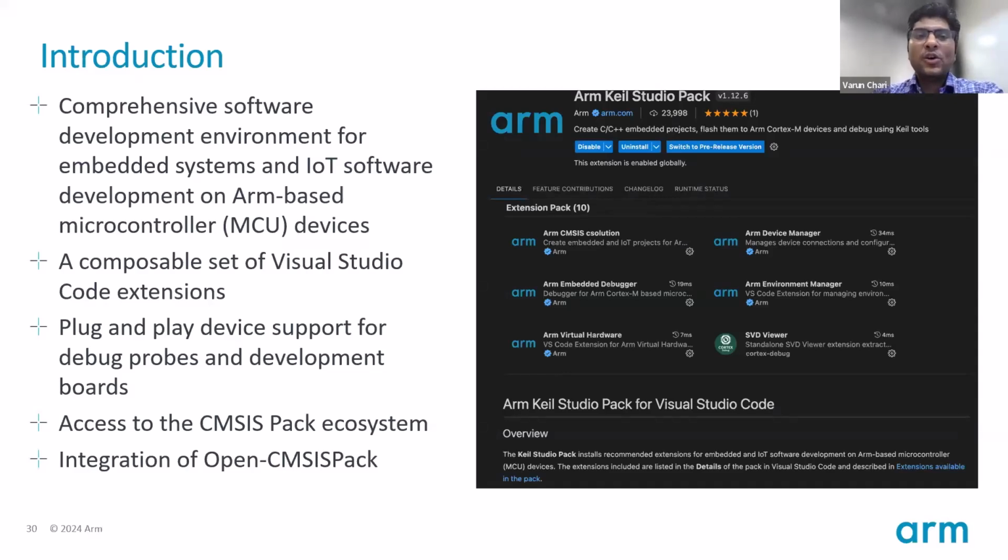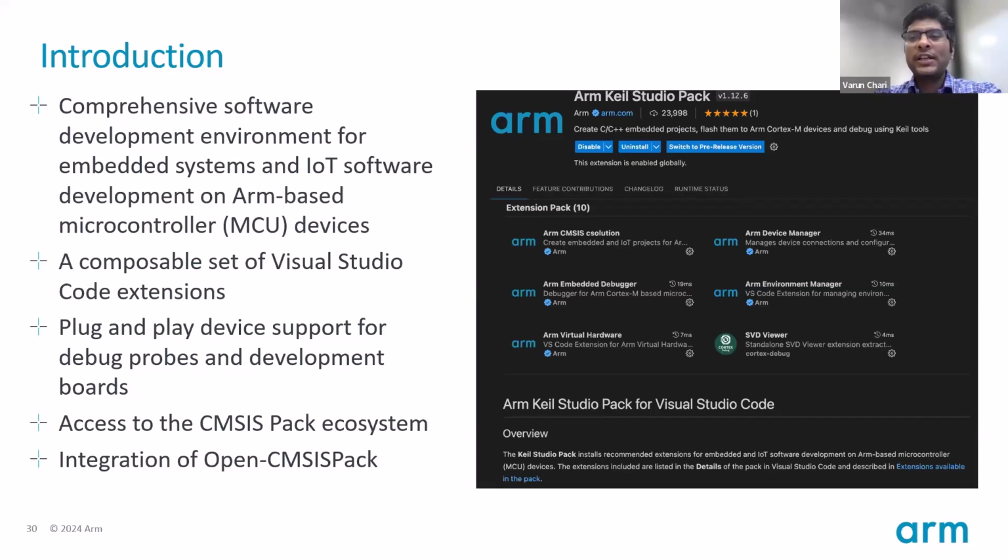So it's basically a comprehensive software development environment for embedded systems and IoT software development on Arm-based MCUs. It has various VS Code extensions, plug-and-play device support for debug probes and development boards, access to CMSIS pack ecosystems, and integration with Open-CMSIS packs.